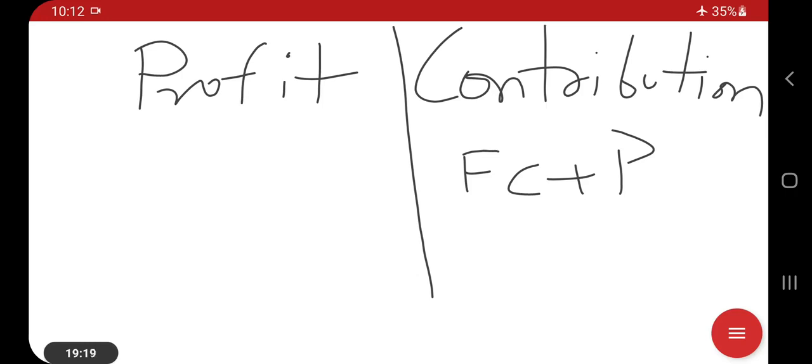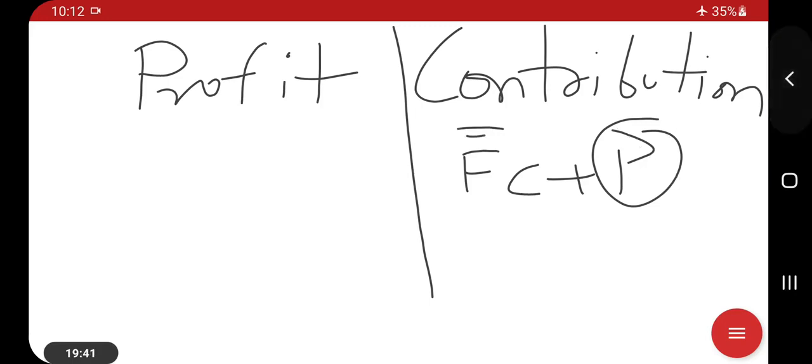Break even point, we will be learning further. Right now, at the break even point, that is at the point of no profit, no loss, the contribution is equal to fixed cost. Contribution concept is used in decision making.